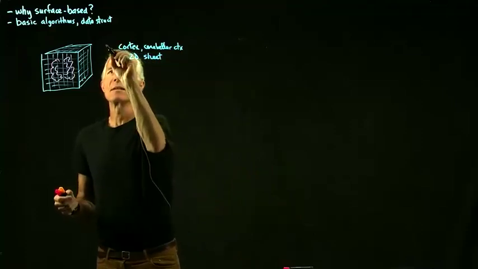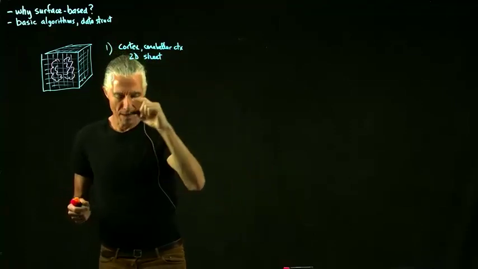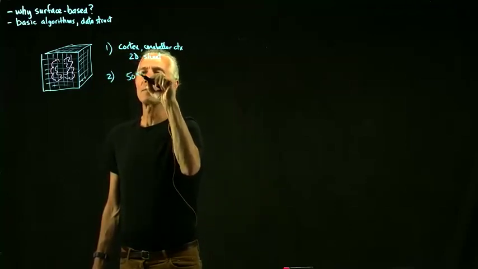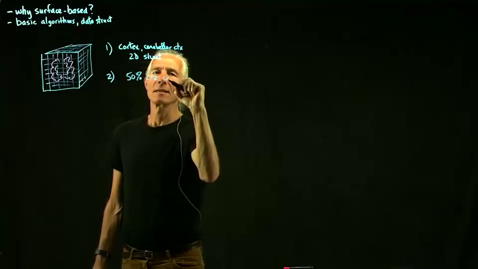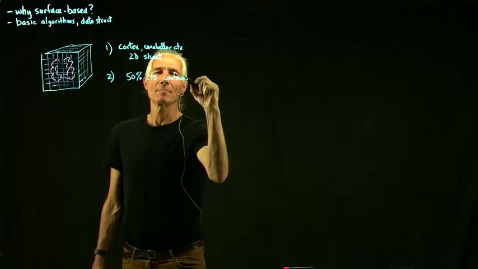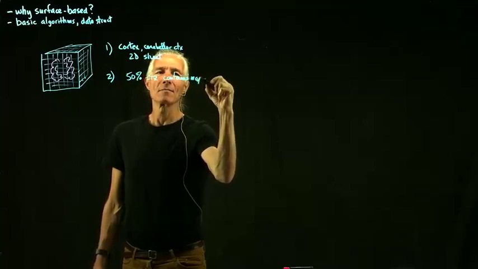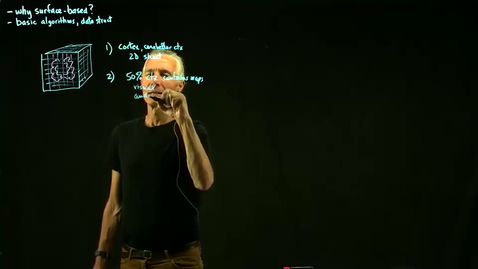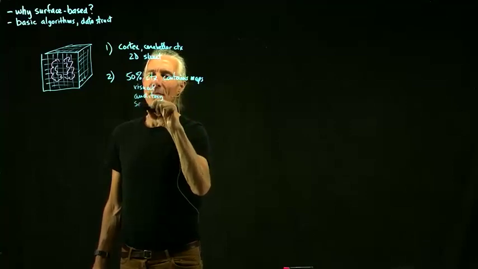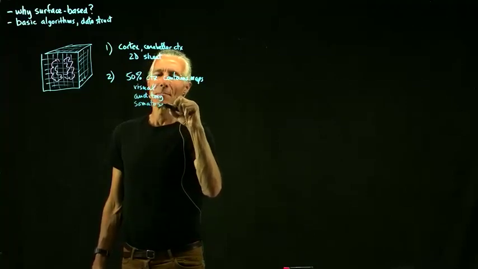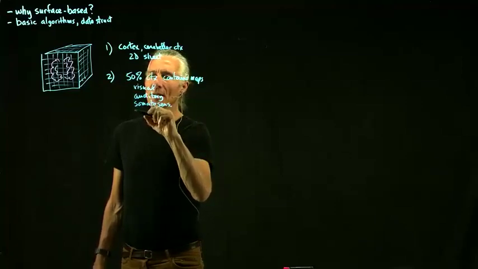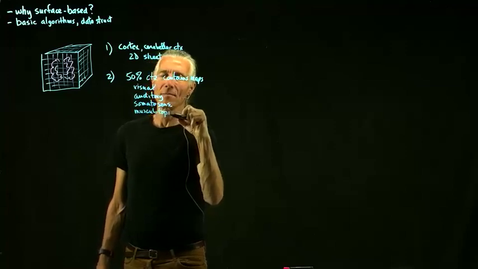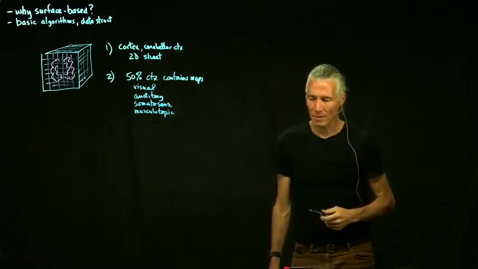In particular, we know that there are lots of maps. In the human, about 50% of the cortex contains maps of some kind. These would be visual maps or auditory maps of different frequencies, or somatosensory maps of different positions on the body, or musculotopic maps, so different representations of different muscles, different parts of the body.